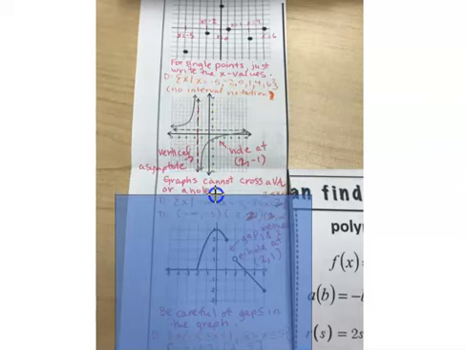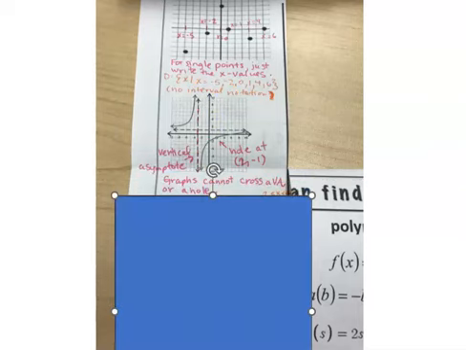Now, if you happen to have a graph that has a hole, we know those are excluded from the domain. So in this case, we have a hole at 2, -1, so x equals 2 will have to be excluded. But you may also know that this is called a vertical asymptote. Your teacher may have told you what this is.